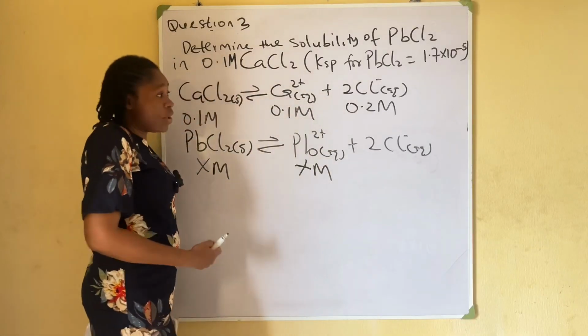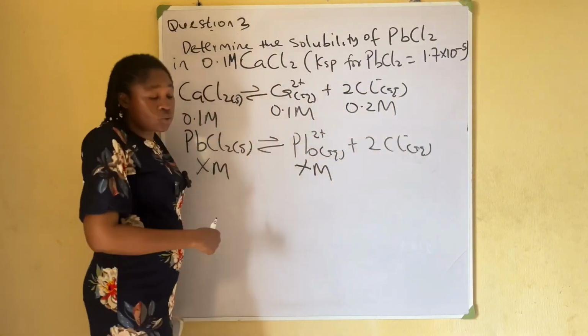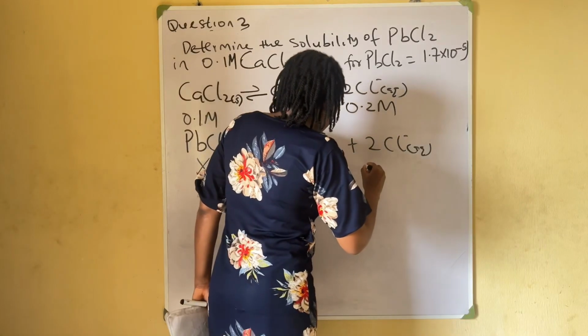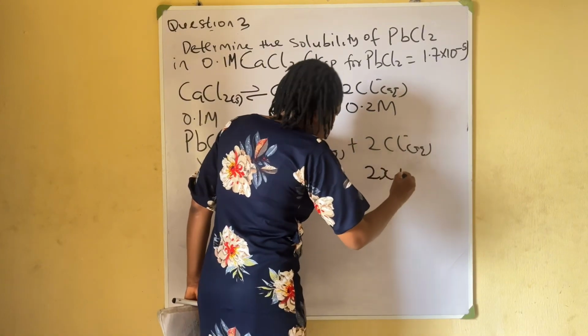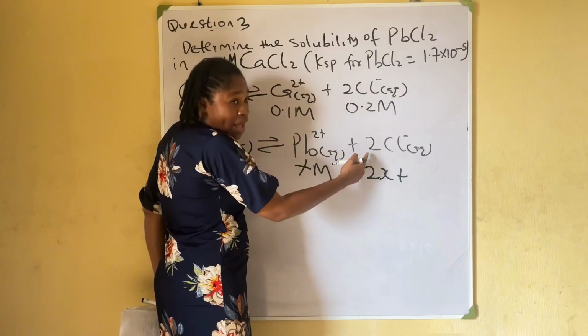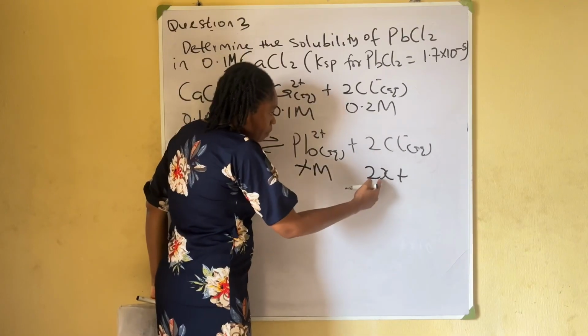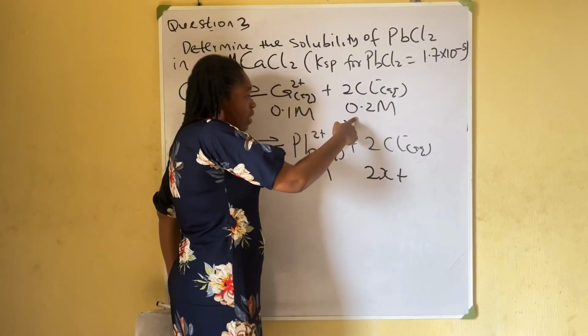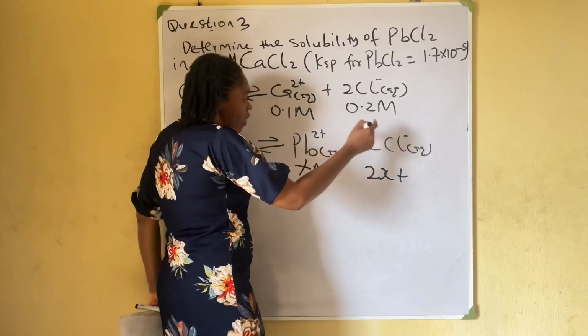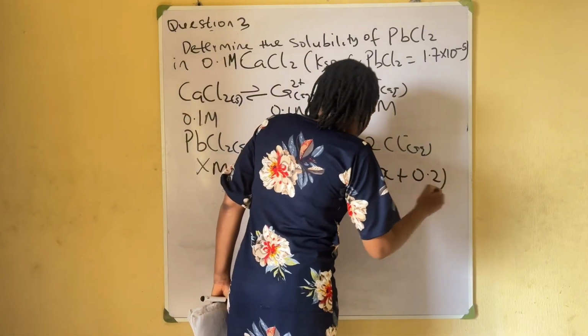So the common ion effect is the chloride ion from calcium chloride. So it will be 2S, because of this 2 moles here, plus the concentration of chloride ion from calcium chloride, plus 0.2.